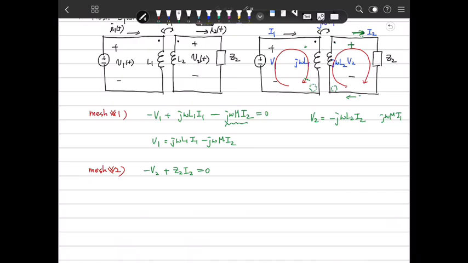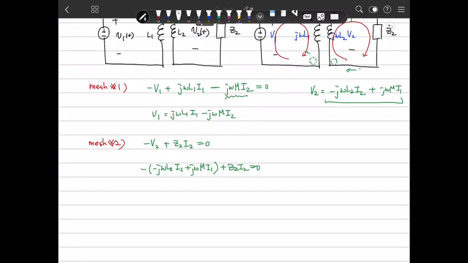This is a coupled value, but it's going into the dot direction, so this is dot, this is a plus here. So replace with here: minus jωL2 I2 plus jωM I1 plus G2 I2 is 0.